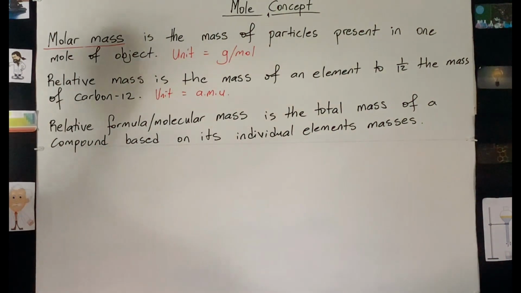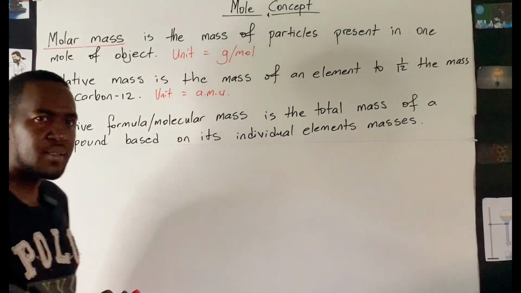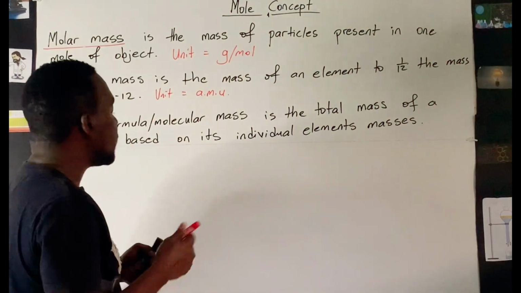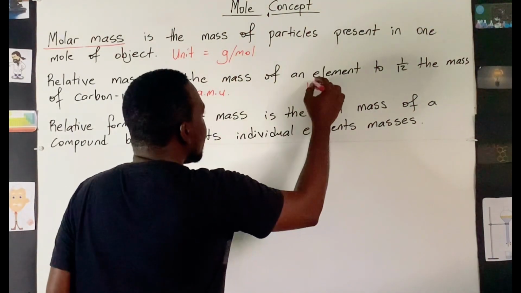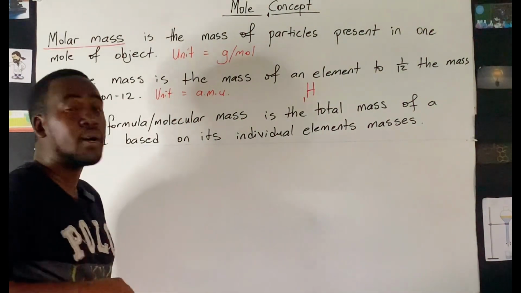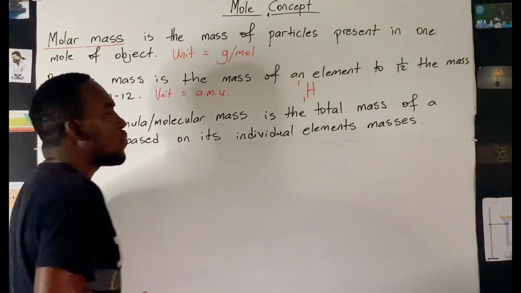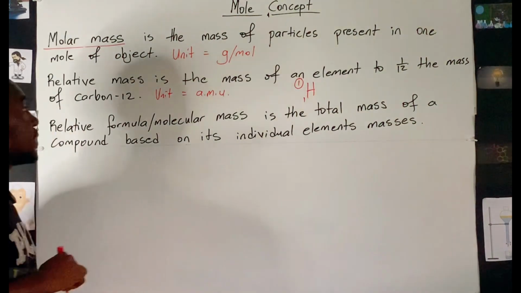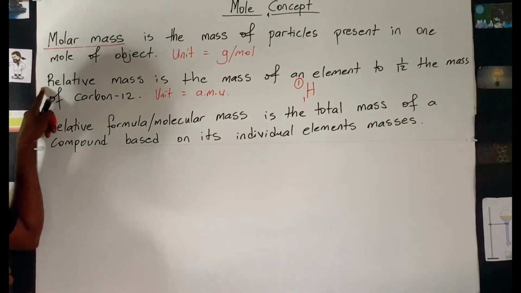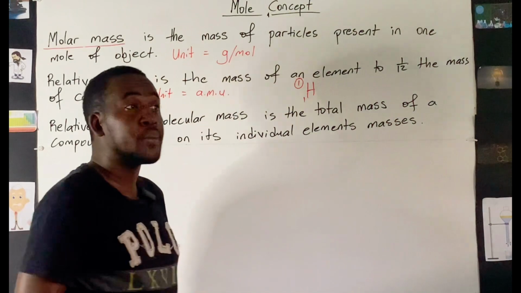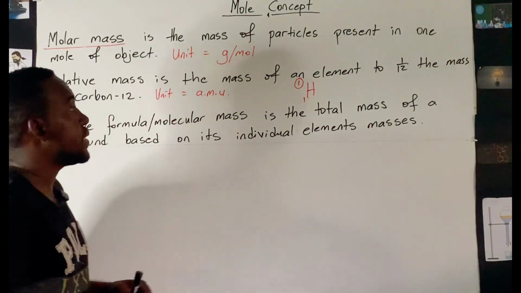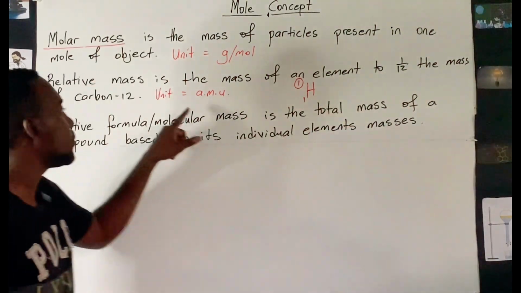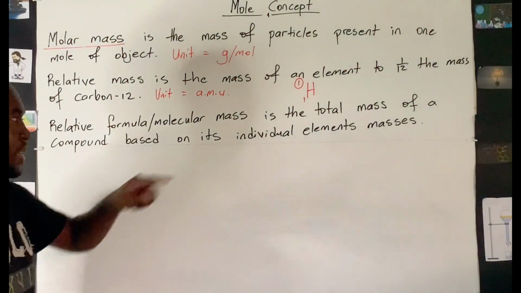Alright? Then we look at relative mass. And relative mass are the masses that we see in our periodic table. So when we see hydrogen in the periodic table, and we see that it has an atomic number of 1, and we say it has a mass number of 1, this 1 at the top here tells us it is the relative mass. And the relative mass, how did we get that number? It is based on the principle that we compared 1/12 of the mass of carbon-12 to this element hydrogen.